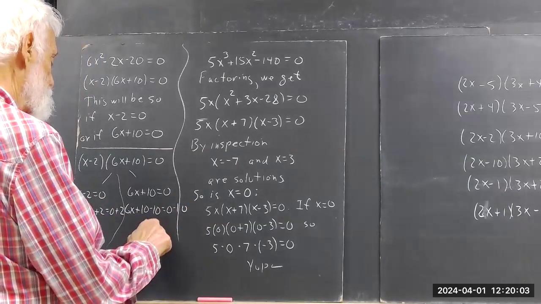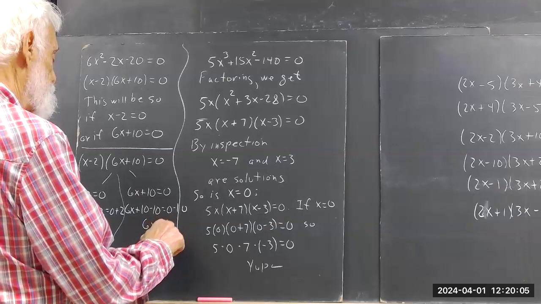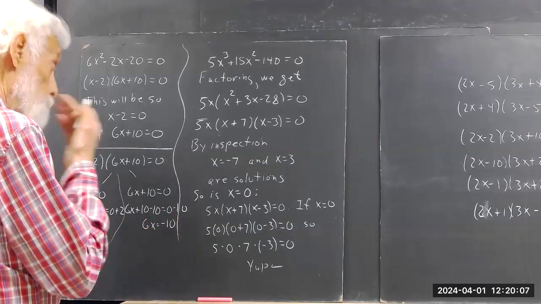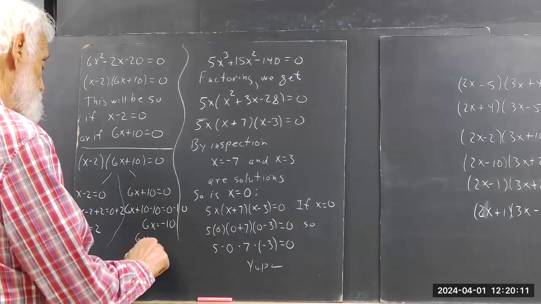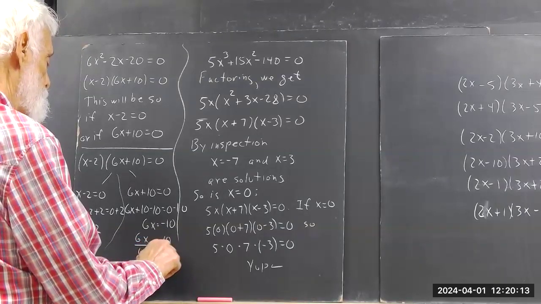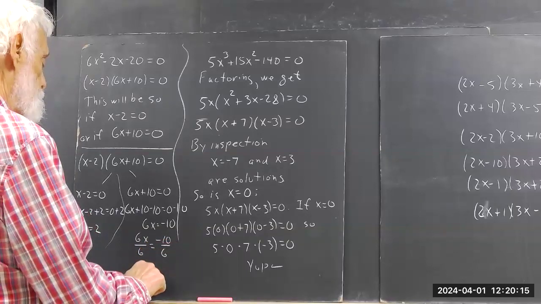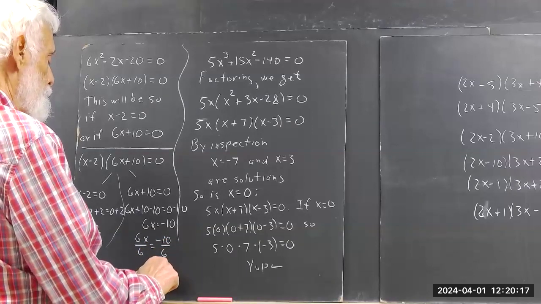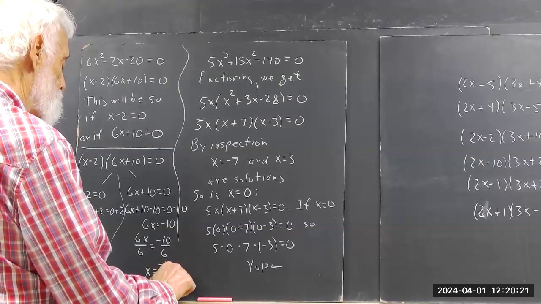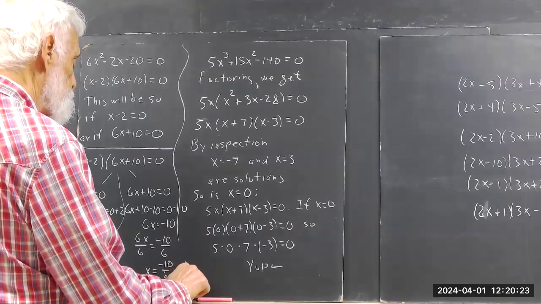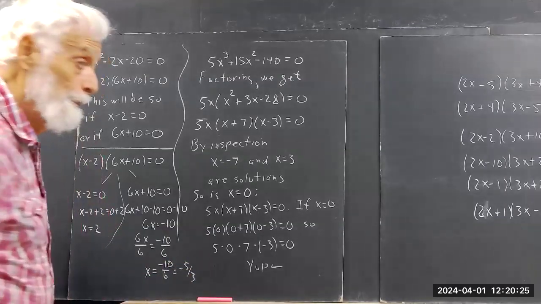And you get 6x equals negative 10. Then you divide both sides by 6. And you get x equals negative 10 over 6 equals negative 5/3.